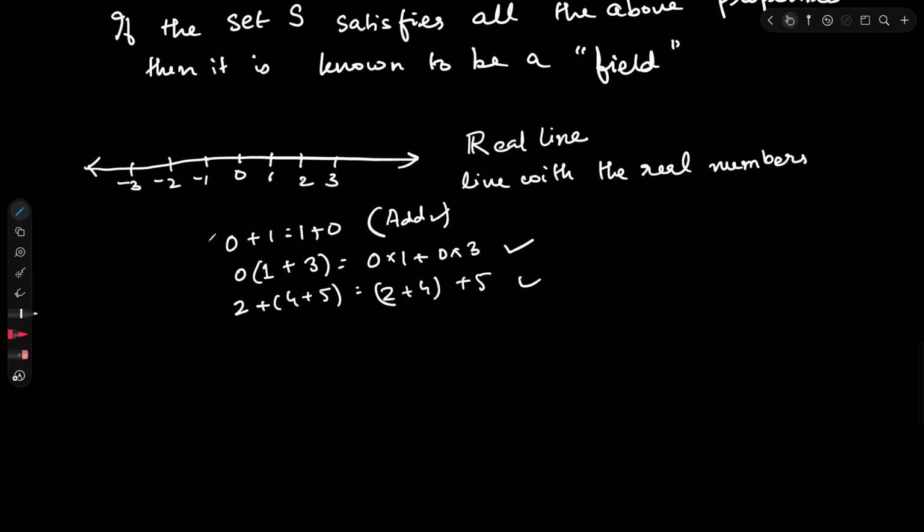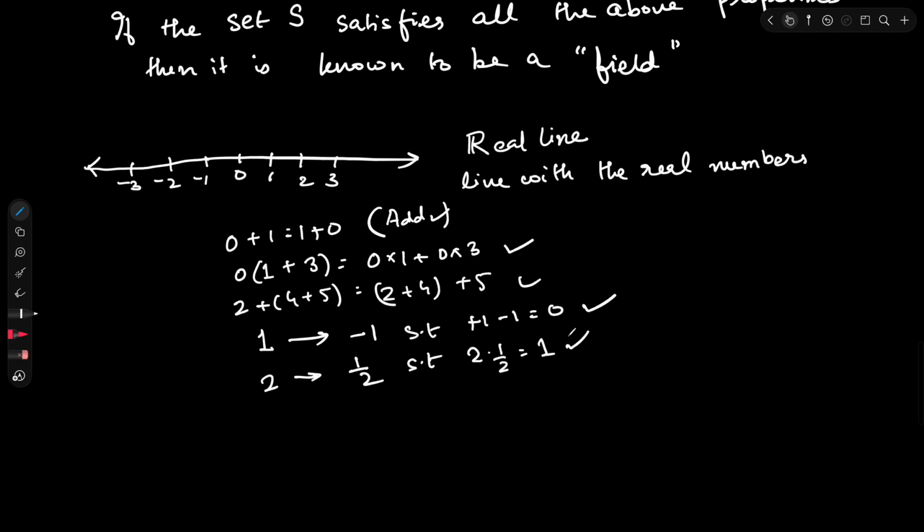Then for any number on the real line, suppose for 1 there exists a -1 such that 1 plus (-1) equals 0. So the additive inverse exists. For every number alpha, suppose 2, there exists a half such that 2 into half equals 1.